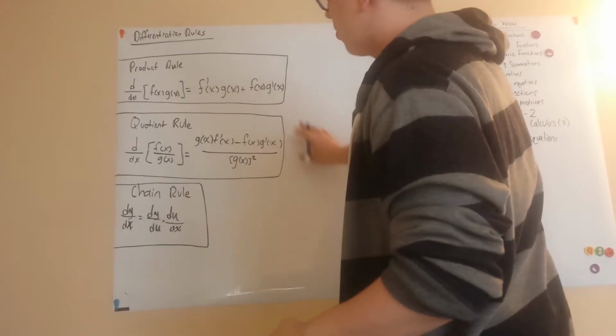And then chain rule. Most teachers just introduce this at the last moment, chain rule. I just want to get over it. Product rule, quotient rule, chain rule.